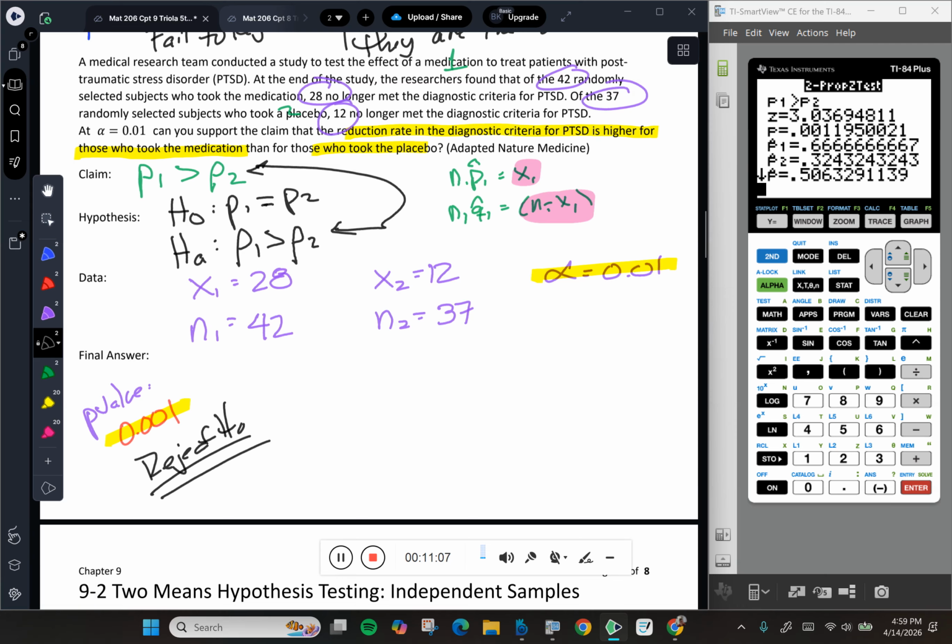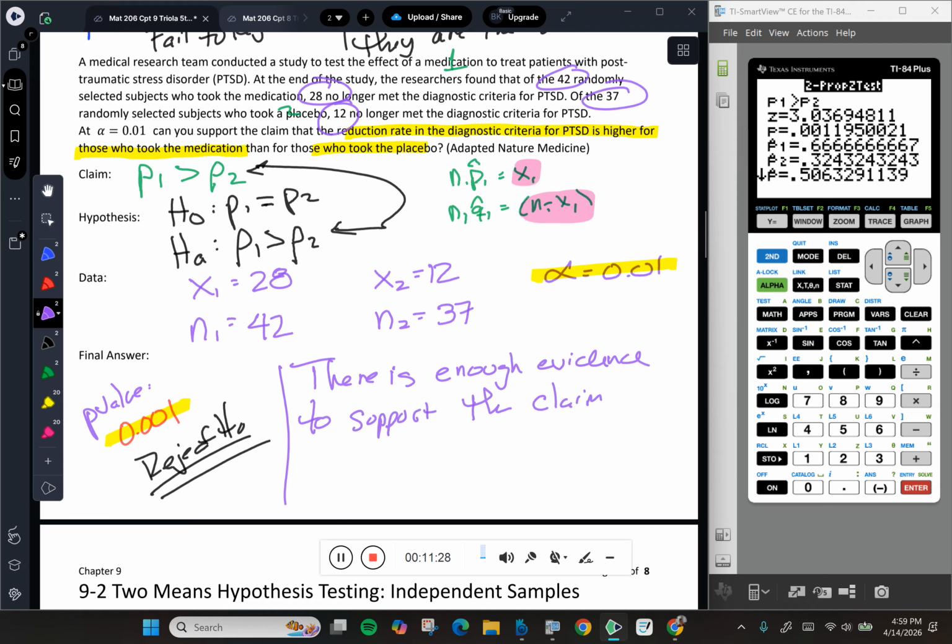When the claim is the alternate and I'm rejecting the null, I say there is sufficient evidence to support the claim that the reduction rate is higher with the medication.